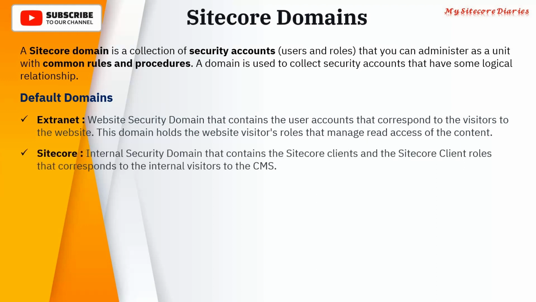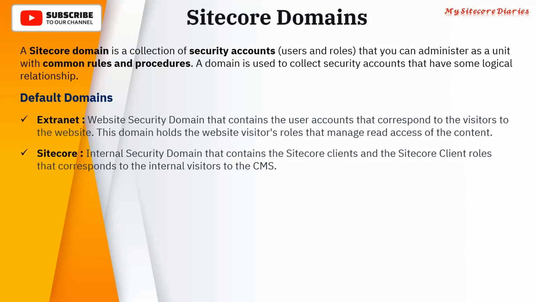The next domain is the Sitecore domain. It is an internal security domain that contains the Sitecore clients and the Sitecore client roles that correspond to the internal visitors to the CMS. So now you must have understood that Sitecore has two kinds of users. One is a website user and another is your internal user or a CMS user. So for the visitor users, you will have the extranet domain.